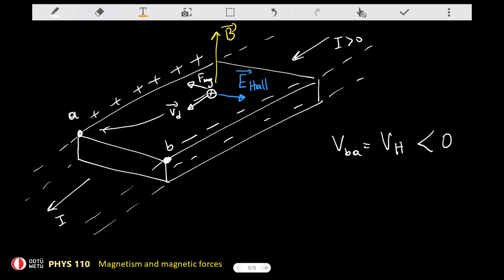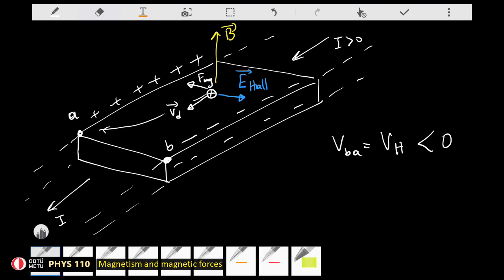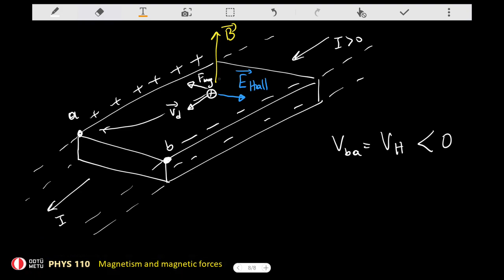But we can understand how large the Hall electric field should be. Well, this is the place where the crossed electric and magnetic field idea actually appears. So in that case, the Hall electric field, sorry about this, is perpendicular to the magnetic field. And somehow this electric field should reach such a value that after everything has settled down, these charge carriers will not deflect anymore.